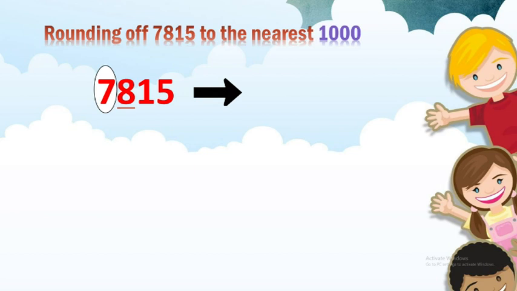Okay, very good. Now tell me which number is next to 7? Very good, 8. You have to underline it, right? Okay. Now this is the answer. Did you all get the correct answer?